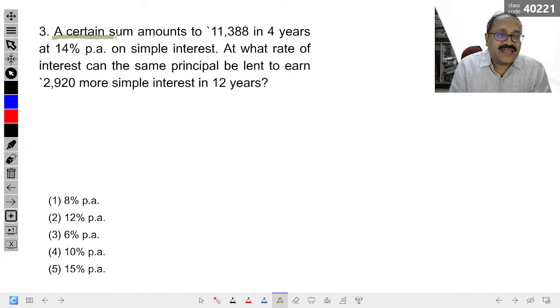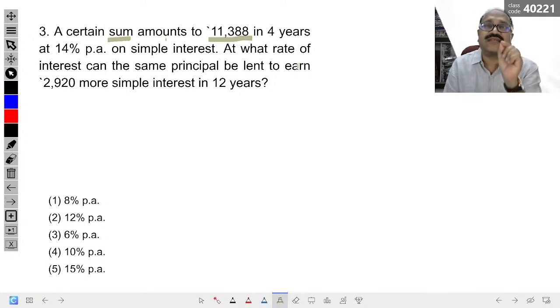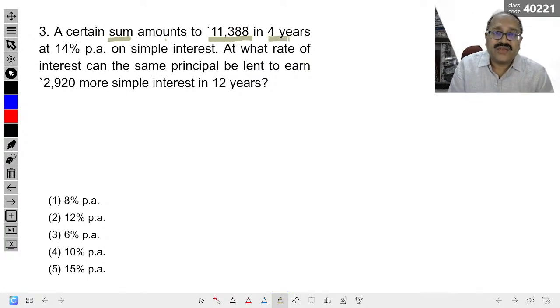A certain sum amounts to rupees 11,388 in 4 years at 14% per annum.